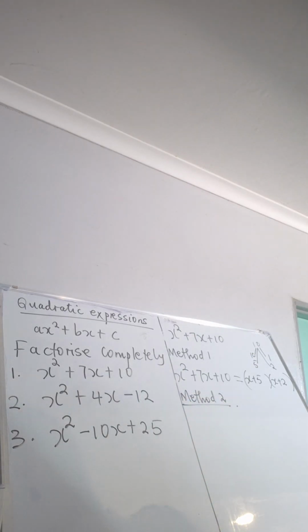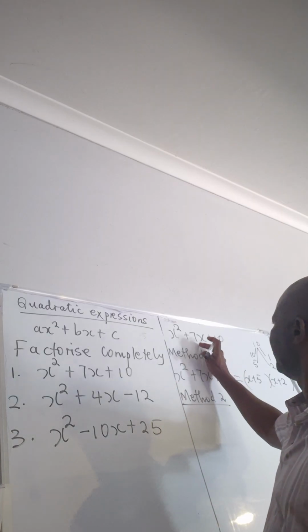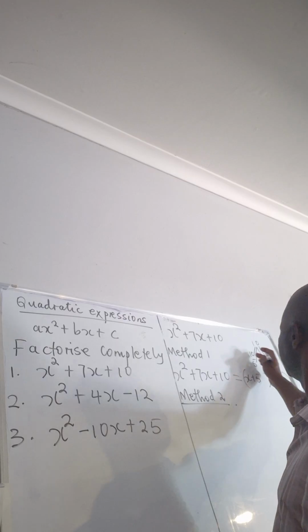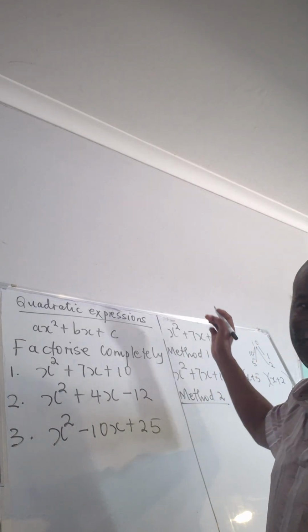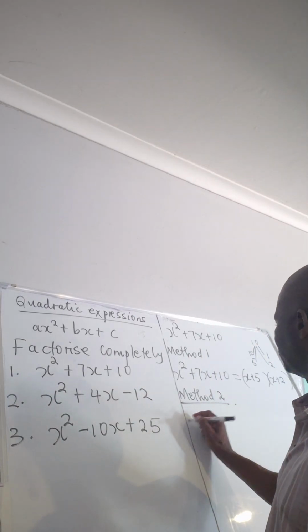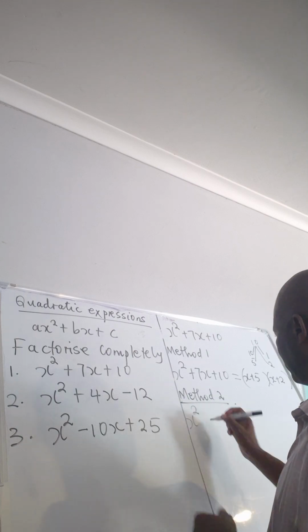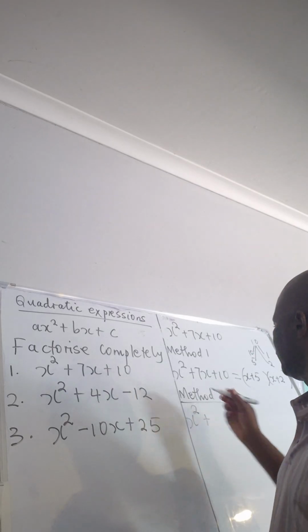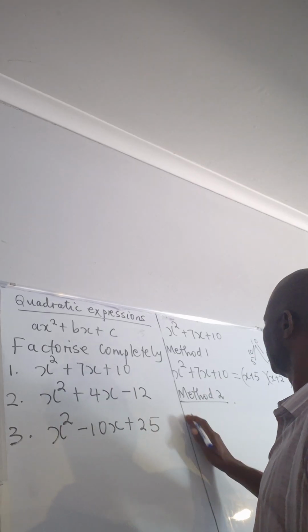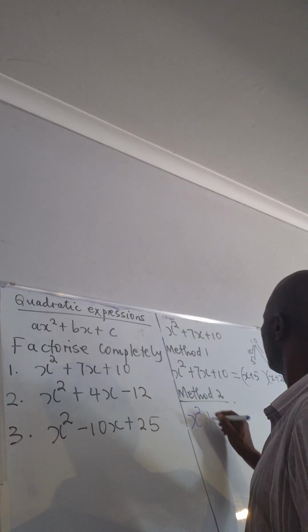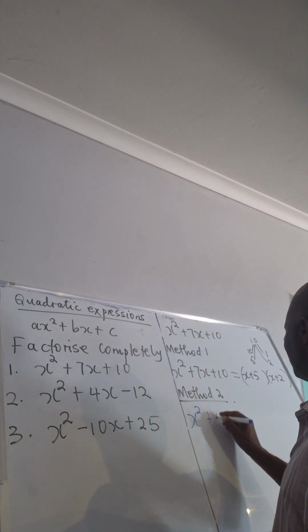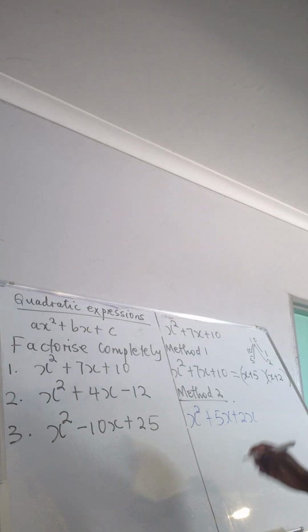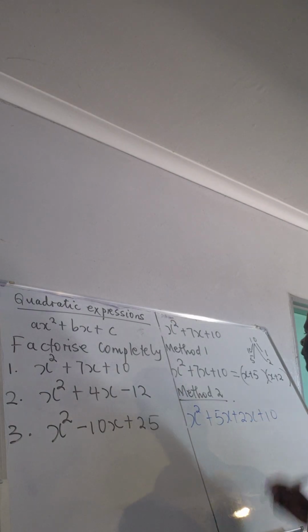Method 2: you are going to break 7x into these factors that you have already identified, 5 and 2. So we are going to say x squared plus, our 7x is going to be 5x plus 2x, then plus 10.